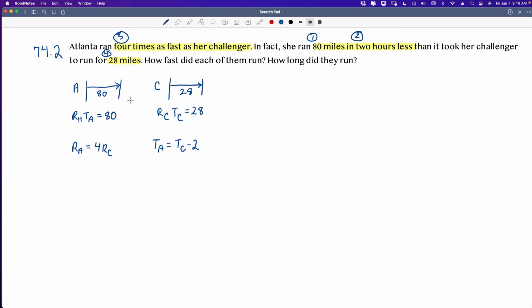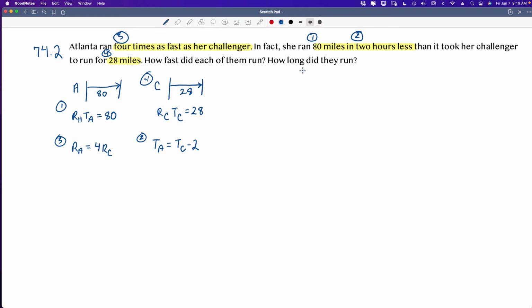So this was the 1, 2 hours less, that's 2. So 1, 2, 4 times, this is 3, and then this was 4. So that's our 4 bits of information and where we got it, what it did for us. Okay, now we can solve the problem.